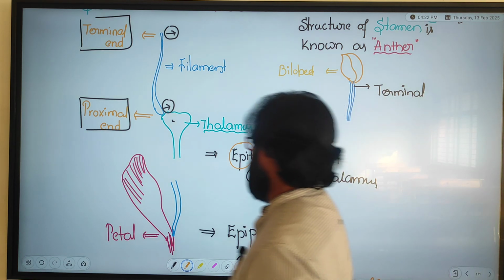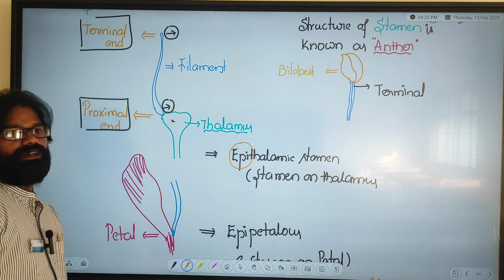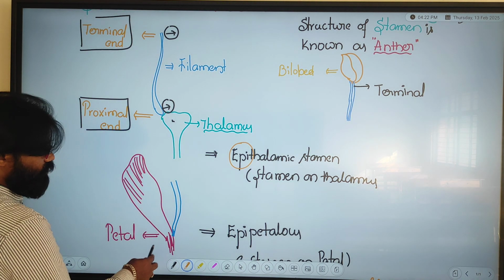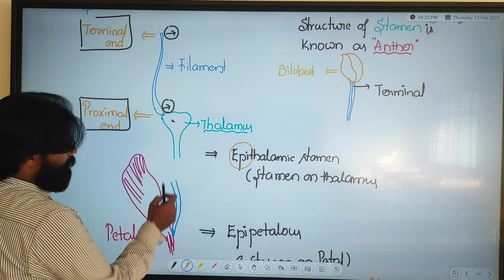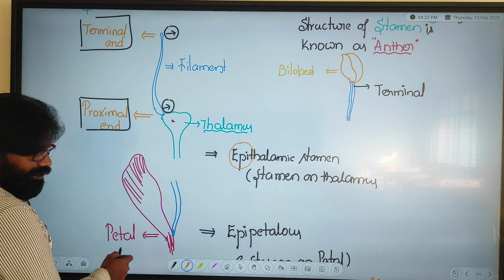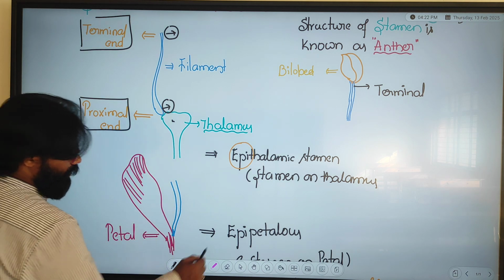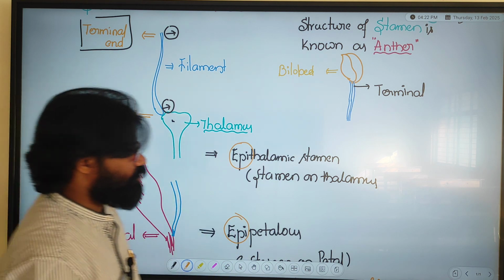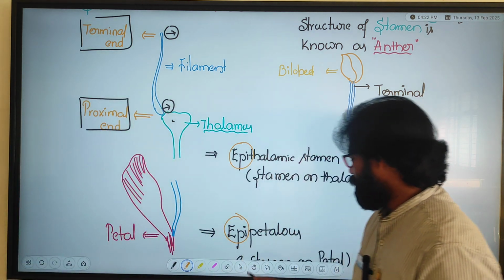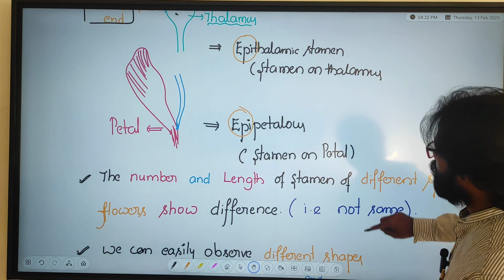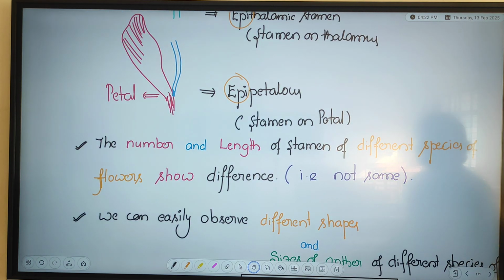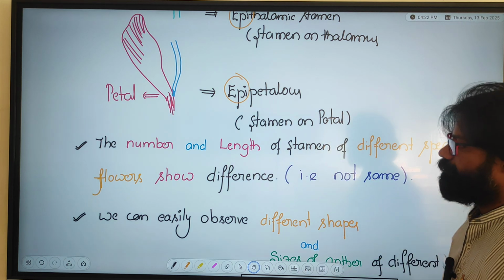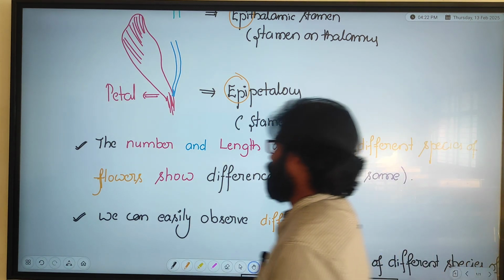Sometimes, some of the filaments are attached to the petal, the colorful part of the flower. Such stamens are known as epipetalous. Epithalamic and epipetalous, these two we should remember. Epipetalous means the stamens are present on the petal.